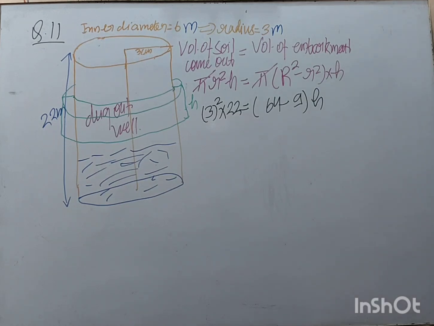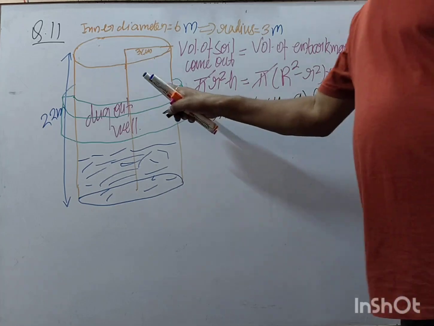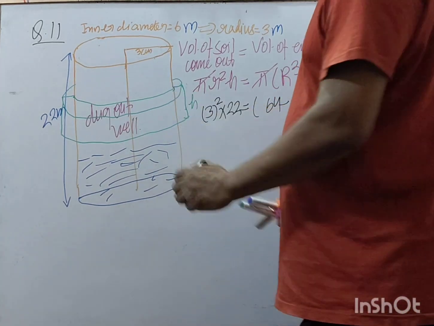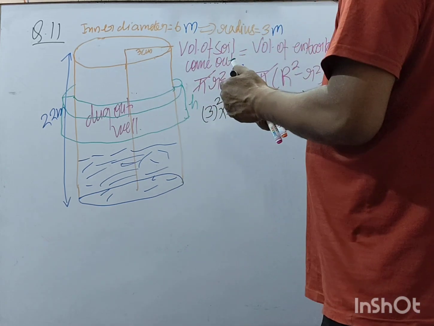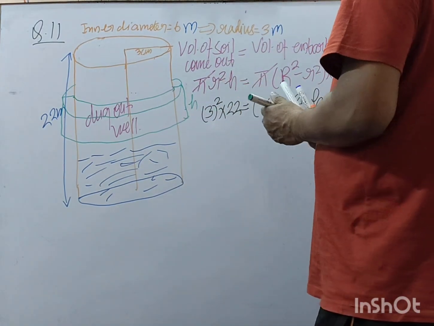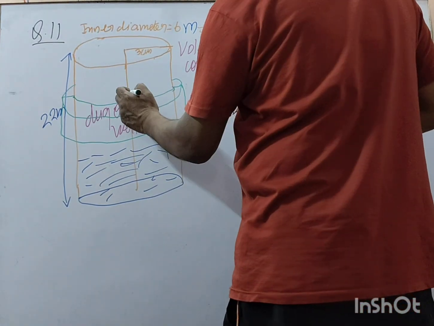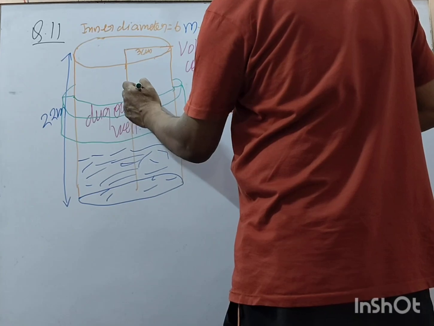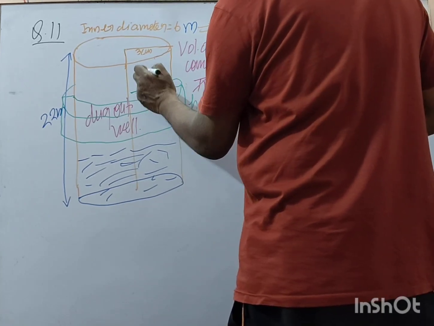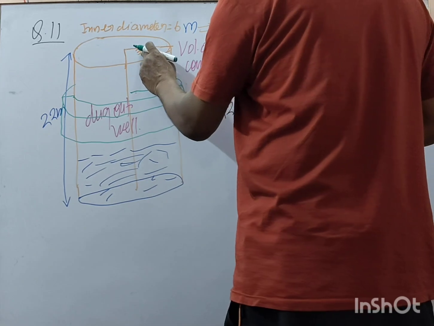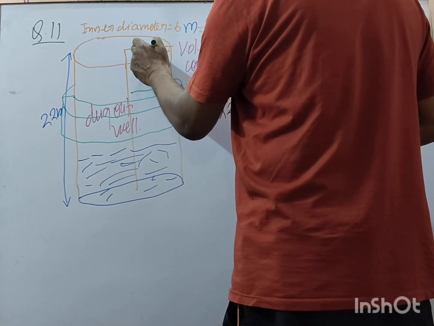So just give width 5 meter given. The width we added together, so from the center the radius, the outer radius, will be from here. This is 3, it is in meters.